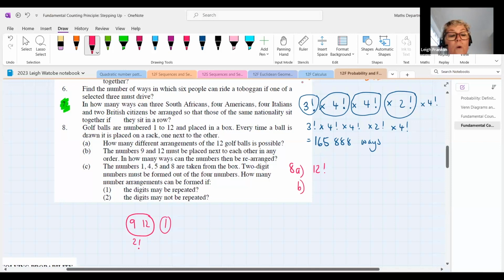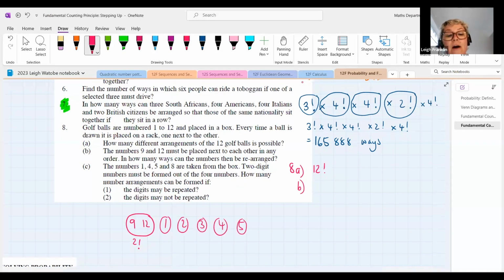So we've got the 1, the 2, the 3, the 4, the 5, the 6, the 7, the 8, the 9 and the 12 are together. 8, 9 is gone. So 10 and 11. So now count how many circles you've got.